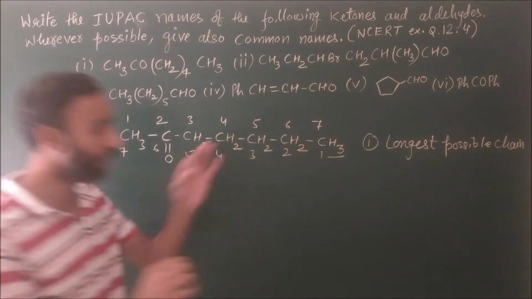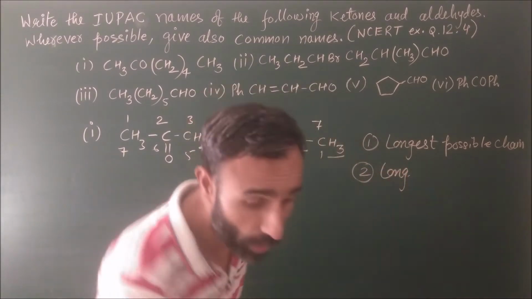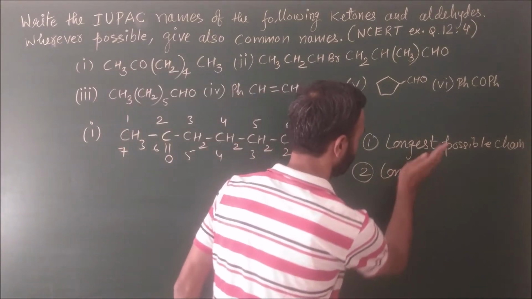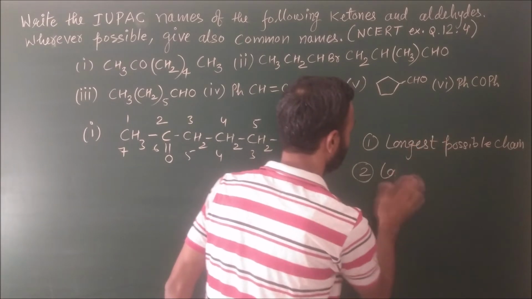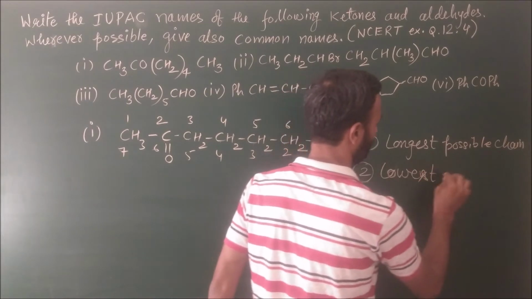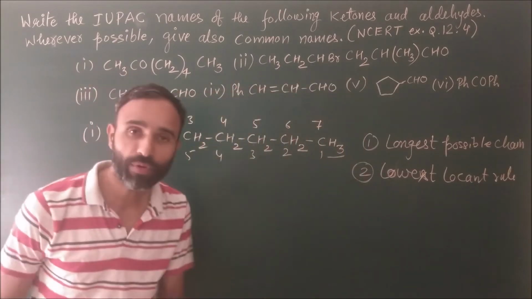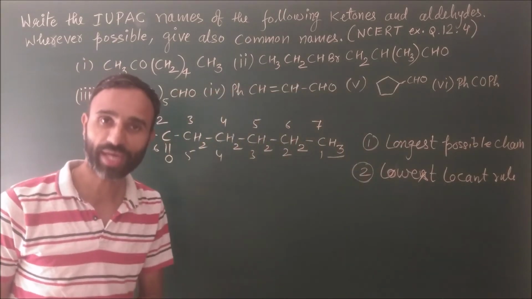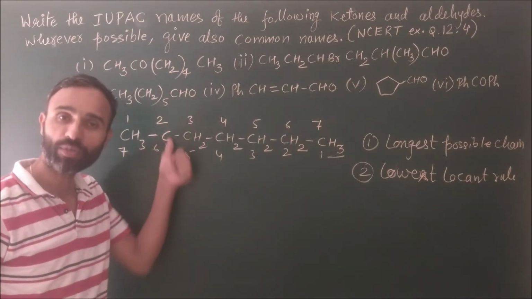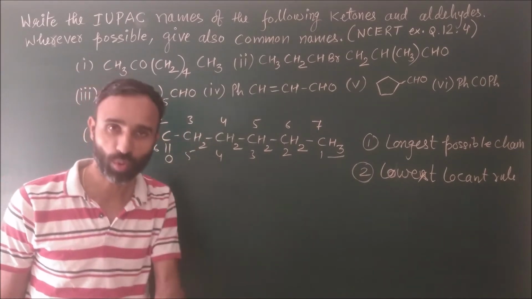But now come to the second rule. What is the second rule? Lowest locant rule. Lowest locant rule means we prefer the numbering from the side where the carbon of the functional group gets the lowest number.